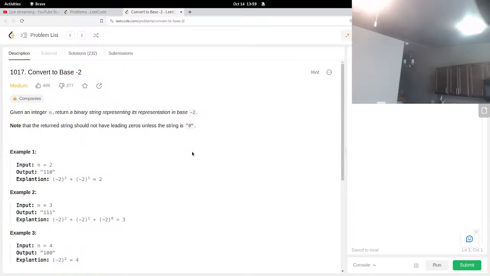Now, the problem is that I have to do something about this 2 times negative 2 to the fourth. Well, it's not the easiest thing to handle because I can't just go straight into negative 2 to the fifth, right? Because if I did that, this would become a negative number, which is not what I want.